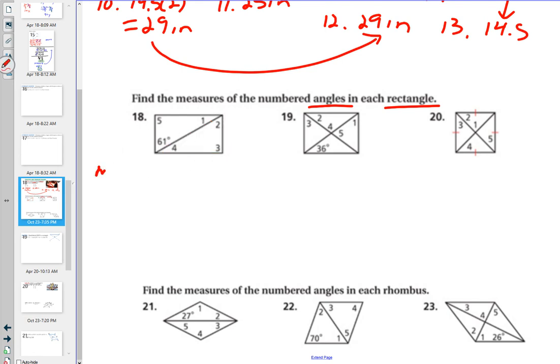So here, let's do 18. Measure of angle 1, measure of angle 2, measure of angle 3, measure of angle 4, measure of angle 5. Which ones there would you say would be the easiest ones to find if you know there's a rectangle on number 18?